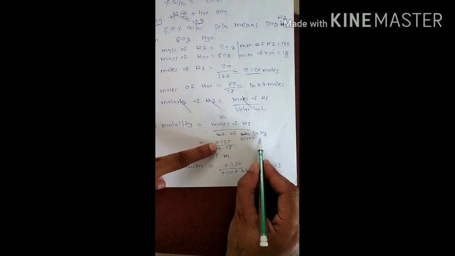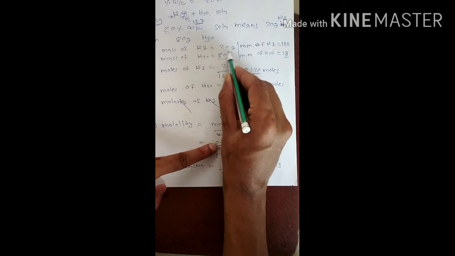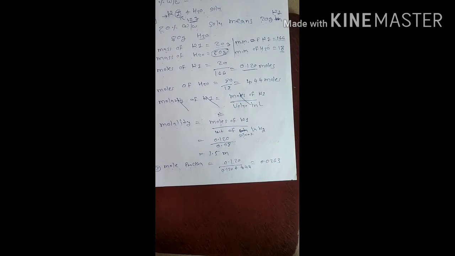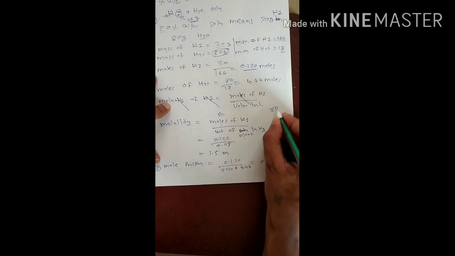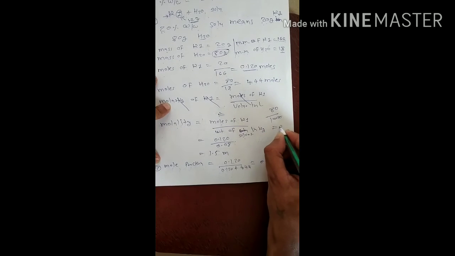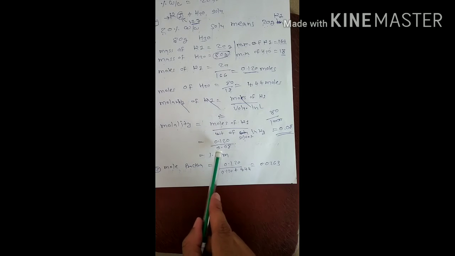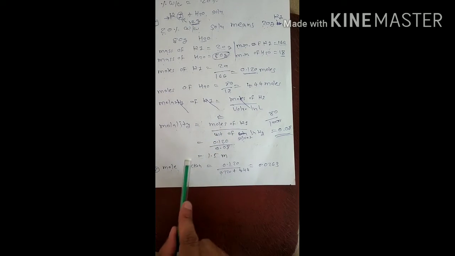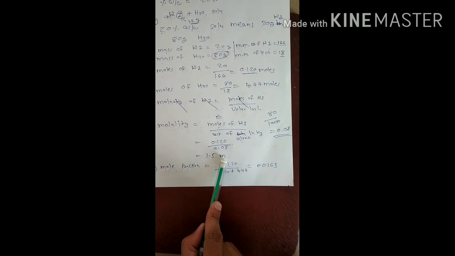Weight of solvent, how much is it? 80 grams. To convert 80 grams to kg, you have to divide by 1000. So 80 divided by 1000 will give 0.08. Okay, so here I have written 0.08, so you will get 1.5 small m, that is molal.